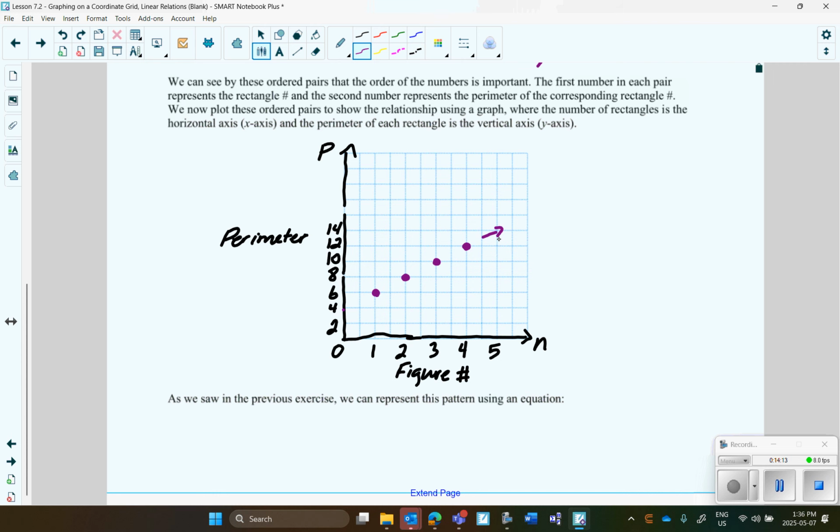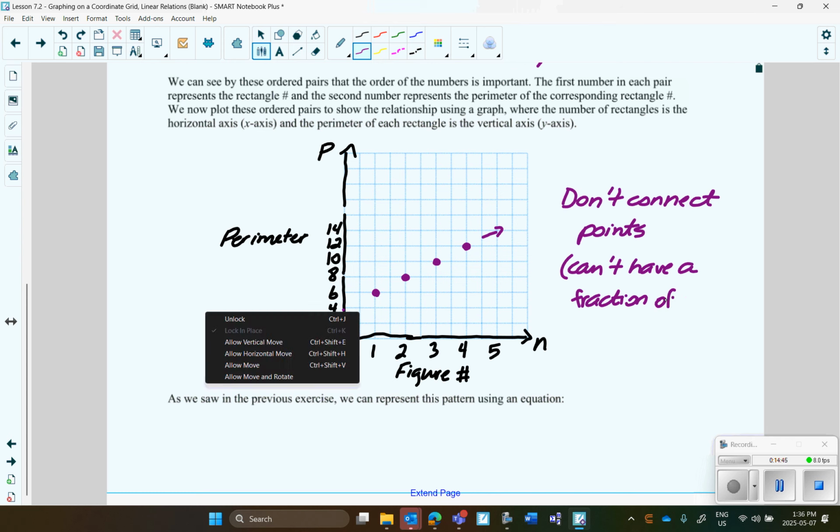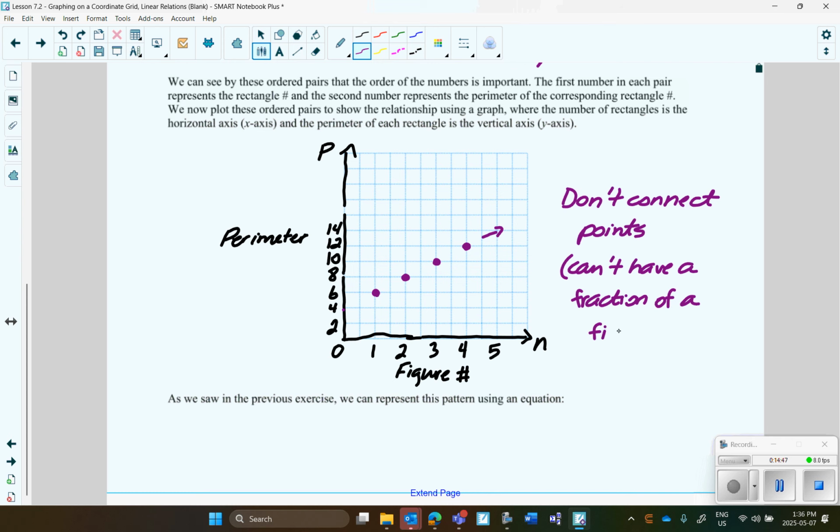That just means it's a series of points that keeps going, but I don't connect the points, because you can't have a fraction or part of a figure number.